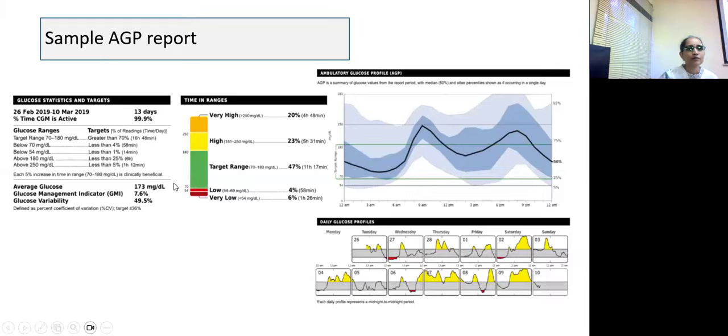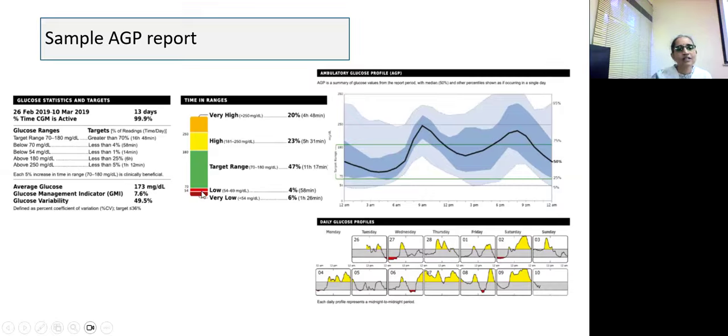So this is a sample report of an FGMS of a patient. What we can see here is that the target range for this patient is 47%, while ideal would be 70%. The high between 181 and 250 is 23%, which is acceptable, but very high at 20% is not acceptable. It should be less than 5%.